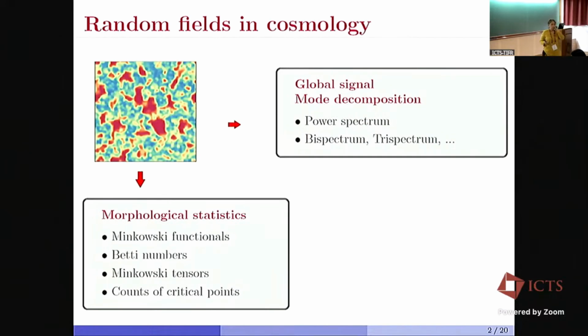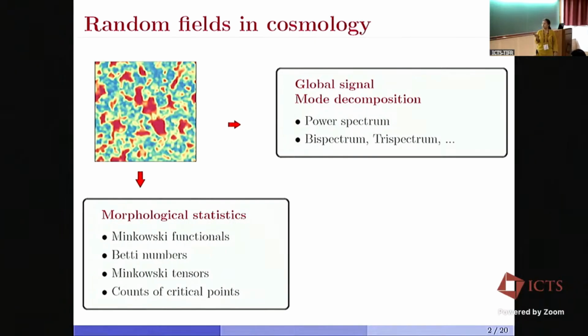So when we study cosmology, the observational data that we have, which are fluctuating in space, we are modeling them as random fields. And as random fields, how do we extract physical information from the data? That is by calculating various statistics that we can compute from the field.